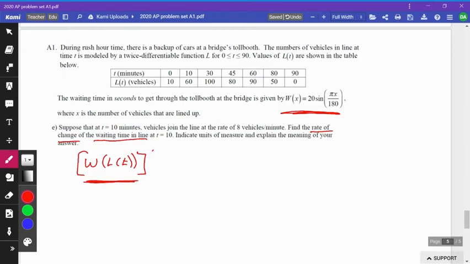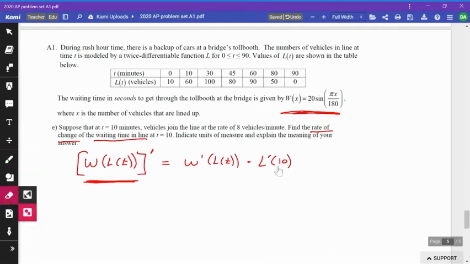So when I take the derivative of this, that is going to be the chain rule. So it's W prime of L of t times L prime of t. And now, oh, not 10, but of t. Okay, so then I want to figure out at time t equals 10.